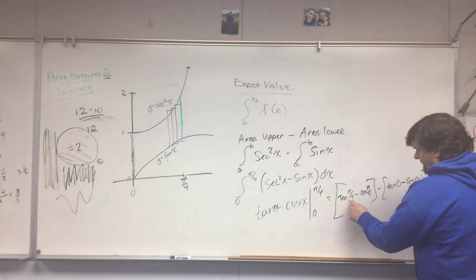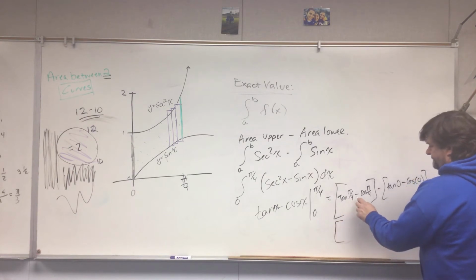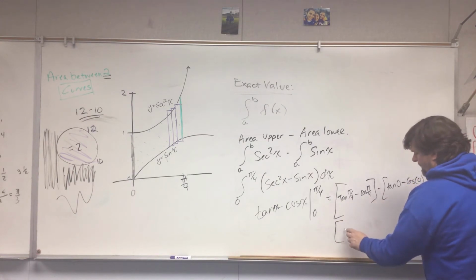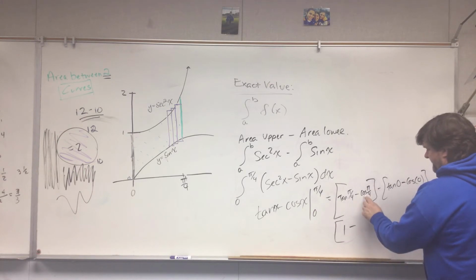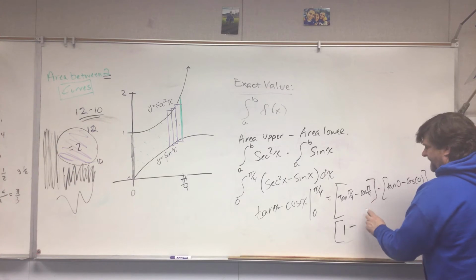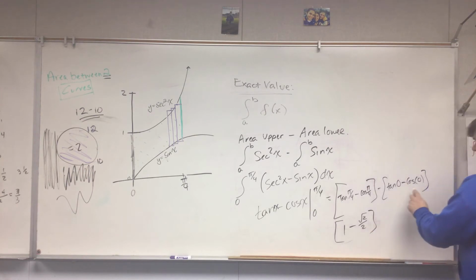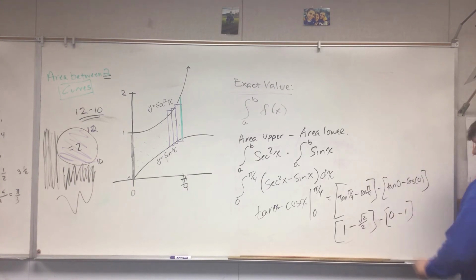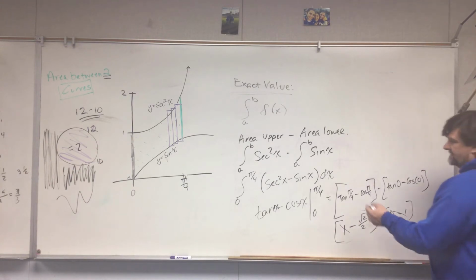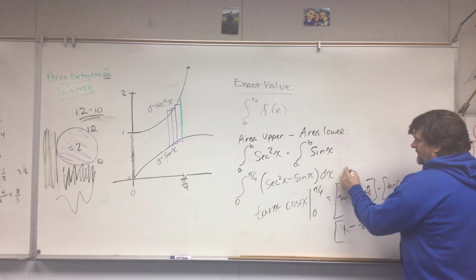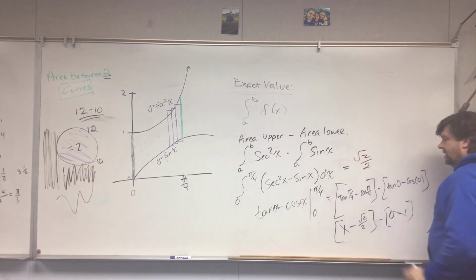So then I get the tangent of pi over 4 is 1, minus the cosine of pi over 4, which is root 2 over 2, and I'm going to get the tangent of 0, which is 0, and this is going to be minus 1 because the cosines are going to cancel, and I'm going to end up with negative root 2 over 2, but we cannot have a negative there, so my value is going to be root 2 over 2.